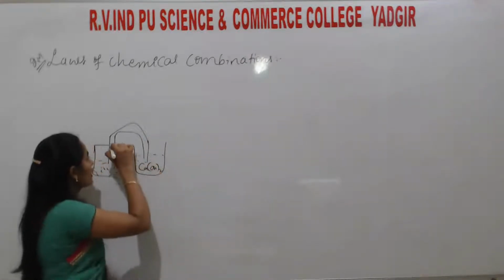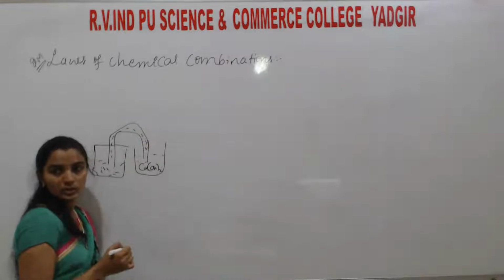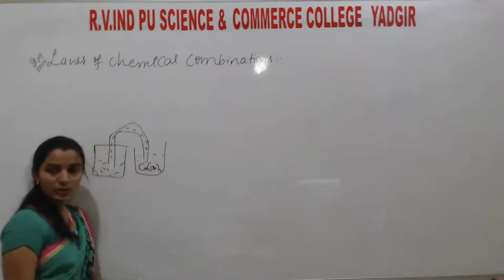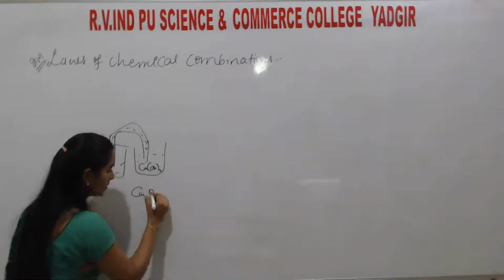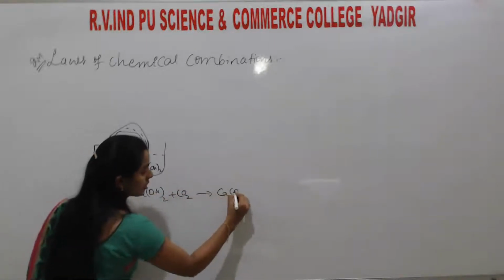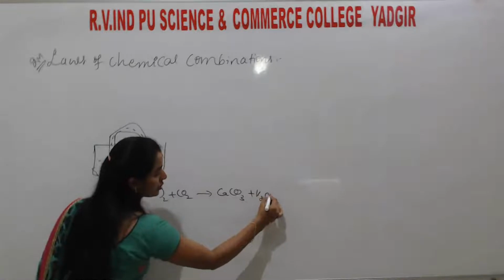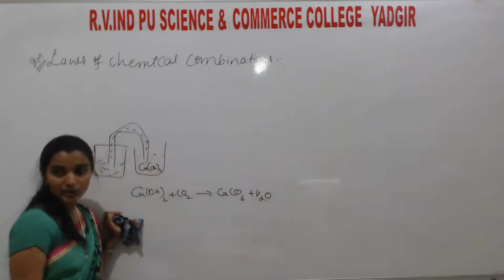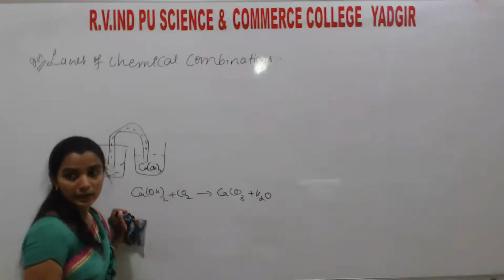The gas evolved is CO2. Ca(OH)2 plus CO2 gives rise to CaCO3 plus H2O. They form a white precipitate, and the lime water turns milky.